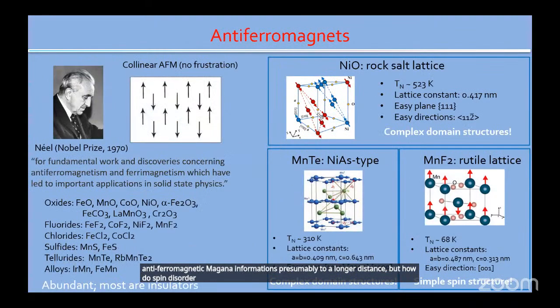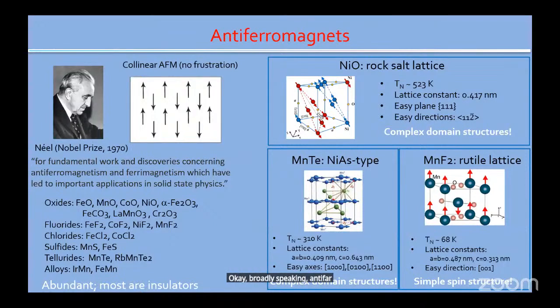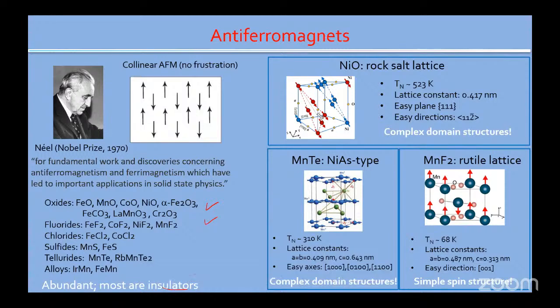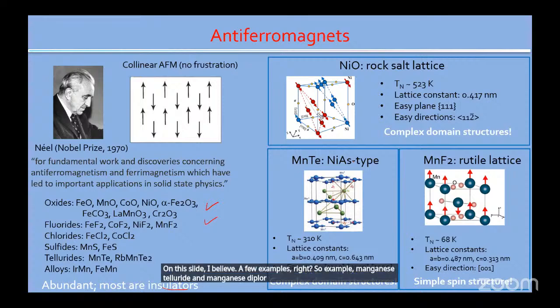Okay, broadly speaking, the class of antiferromagnets has so many members, ranging from oxides and fluorides to many others, and most of them are insulators. On this slide, I show a few examples. For example, manganese telluride and manganese difluoride, these two are also members of altermagnets.